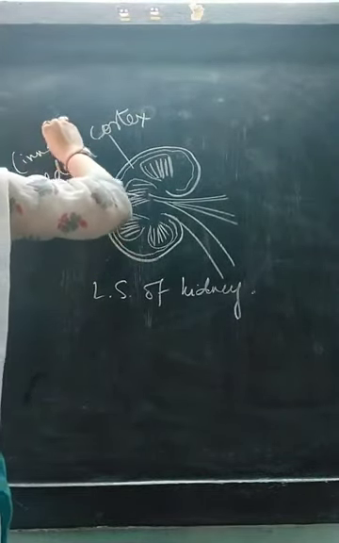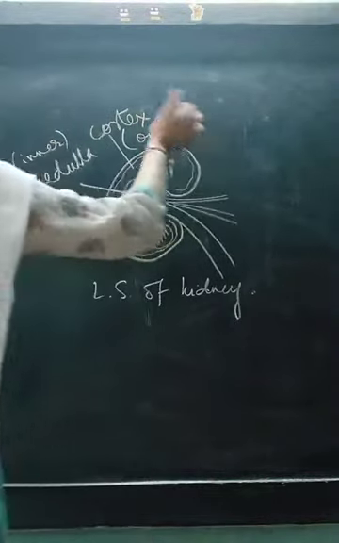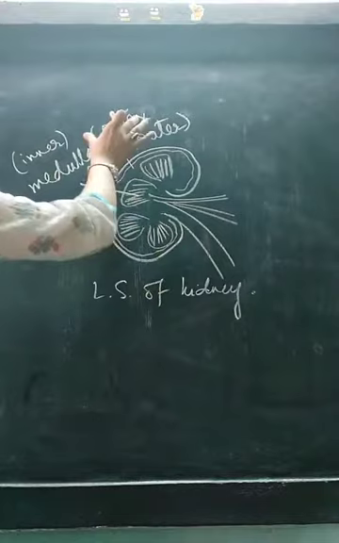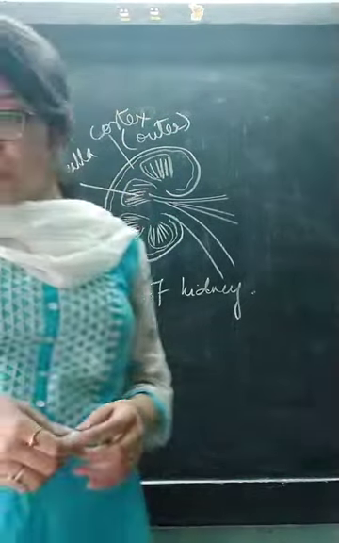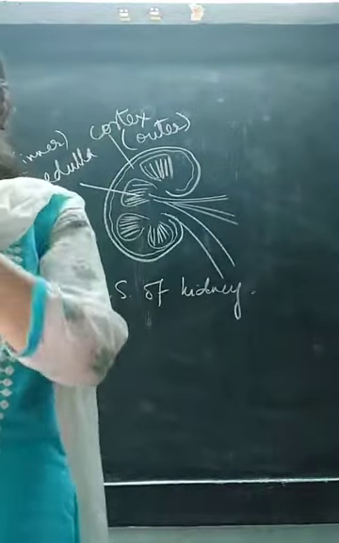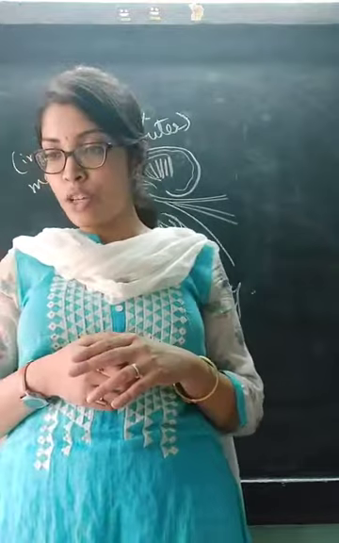I am writing it here so that you can understand, inner and outer. The outer part of the kidney is known as the cortex and the inner part is known as the medulla. And the cortex is a dark colored region and the medulla is the lighter colored region.